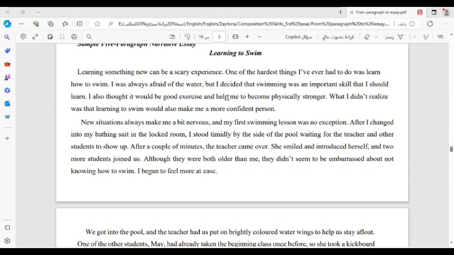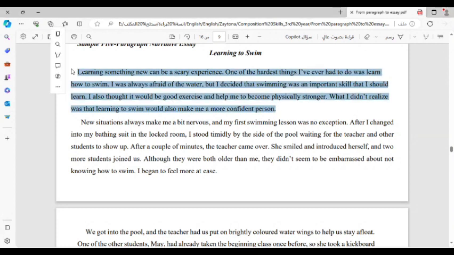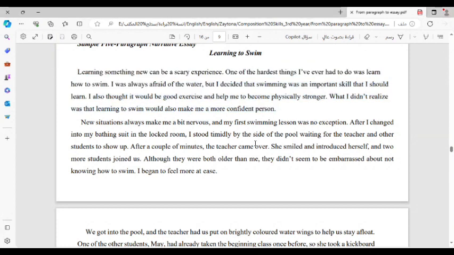Okay, thank you, Ahmed. Before going to the body, this is the introduction to this essay. Don't forget to add a title. When we have a verb, noun, adjective, or adverb, we need to capitalize the letter. For a preposition, we don't need to capitalize the first letter.